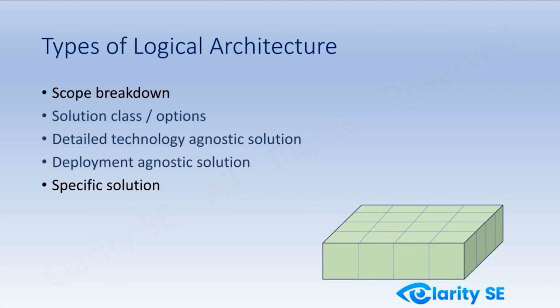So this for me is a key slide. These are what I call the different types of logical architecture: scope breakdown, solution class and what your solution class options might be, a detailed but technology agnostic solution, like the product line type architecture rather than the specific deployment.